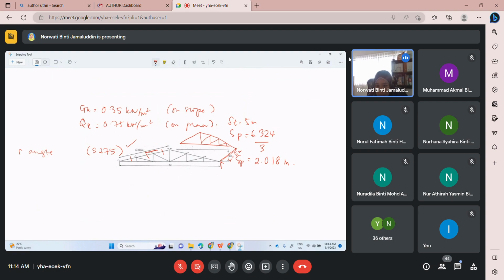This truss will be the support to our purlin, and of course the length of the purlin from support to support will be 5 meter. Okay, do not confuse this with the other length. Actually, for purlin, of course, we will have a continuous member as long as we can get.